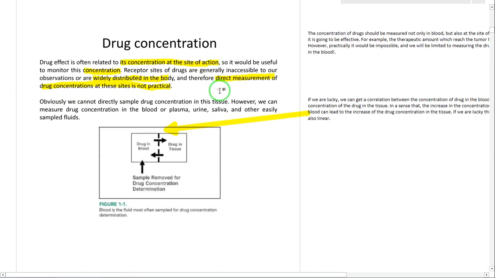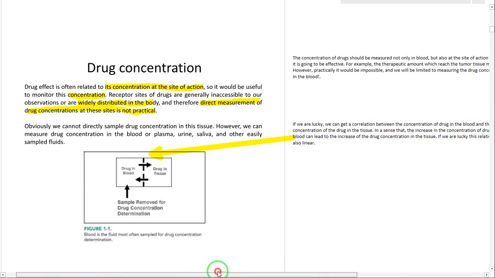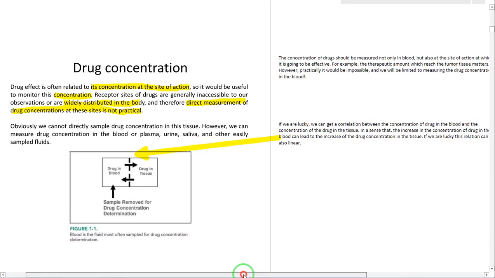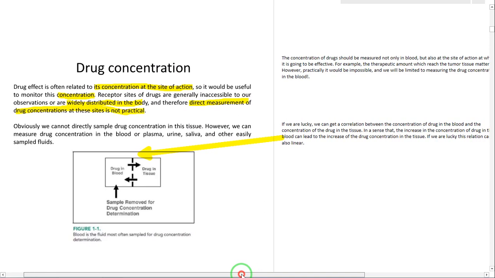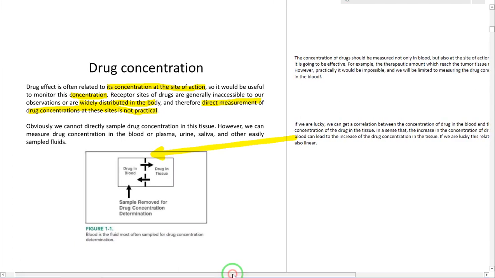We talked about the pharmacokinetics and the concentration of the drug within the body. The amount of drug that we inject into the body, the amount of drug which enters the blood, is different from the amount of drug which reaches the action site.